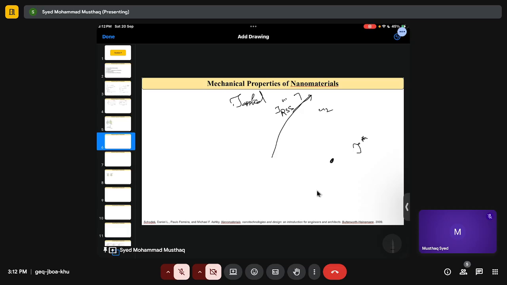Okay, now there is another stress which is the lattice friction. You know Newton's third law: for every force there is an equal and opposite force. So there is also a drag. For example, if a ball is moving in air, it will feel drag because of the air, right?